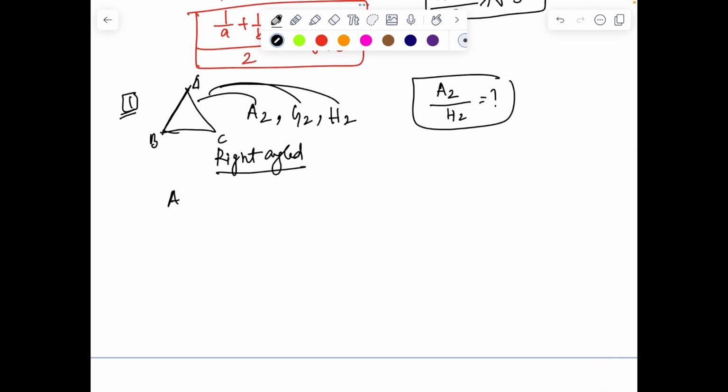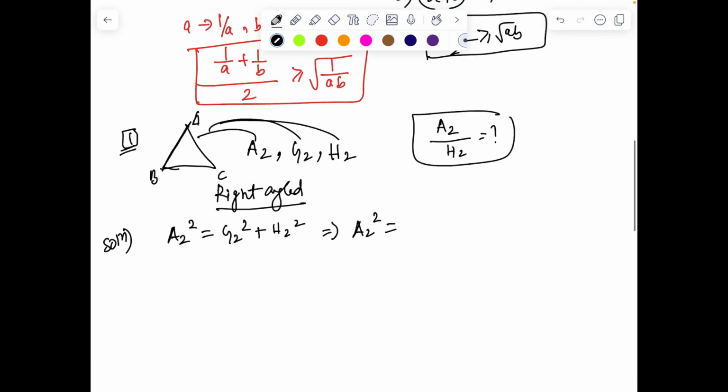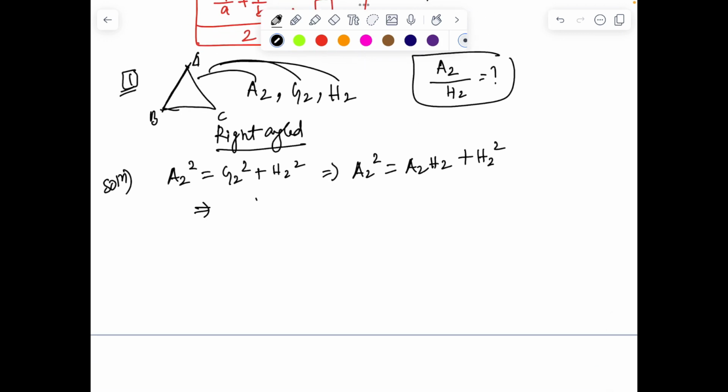So since we already know it's a right angle triangle, the relation will be A2 square equals G2 square plus H2 square. Now from the above relation we know G2 square can be written as A2 into H2, so A2 square equals A2 into H2 plus H2 square. If I divide by H2 square, we get (A2 by H2) whole square minus A2 by H2 minus 1 equals 0.